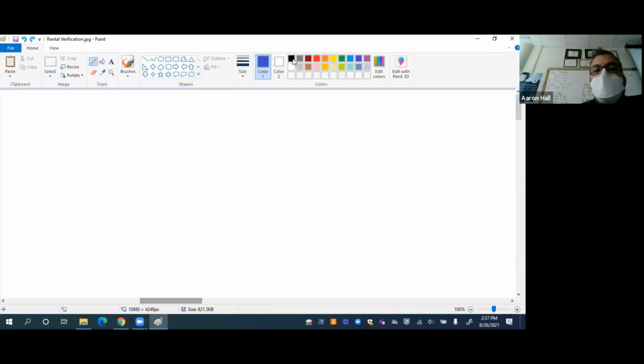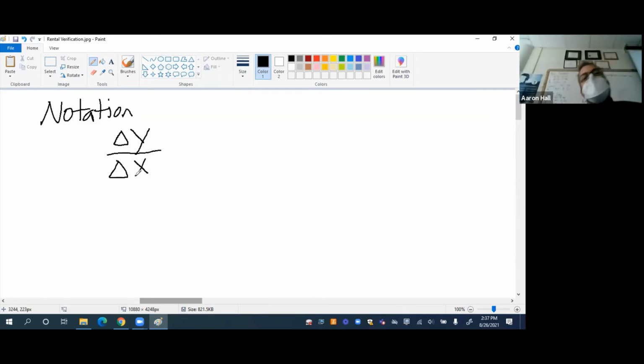We're going to be talking about some notation. So I'm going to write this. Have you seen it before? What does it mean? Can you say anything about this?